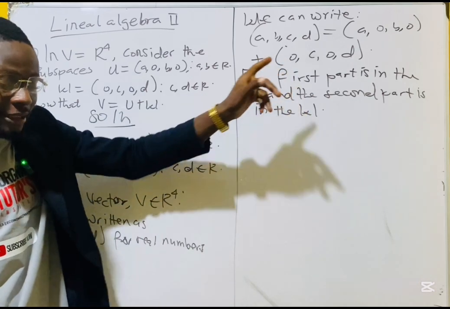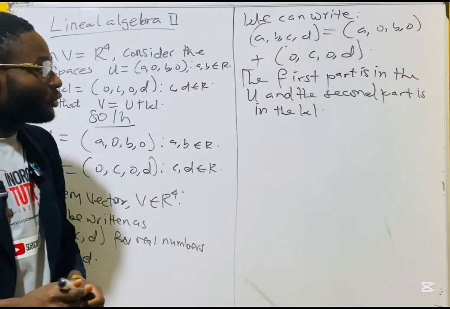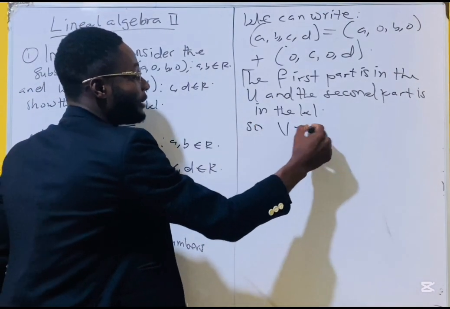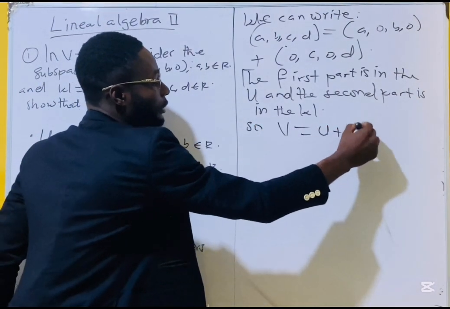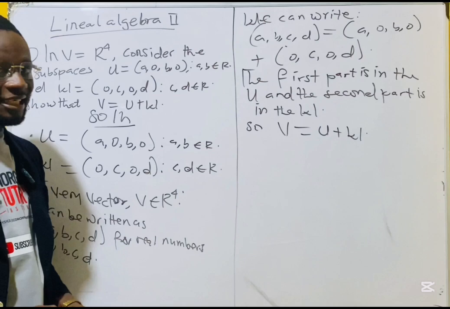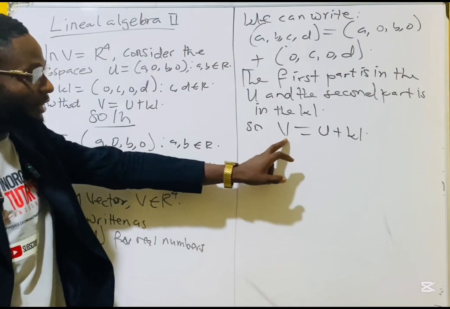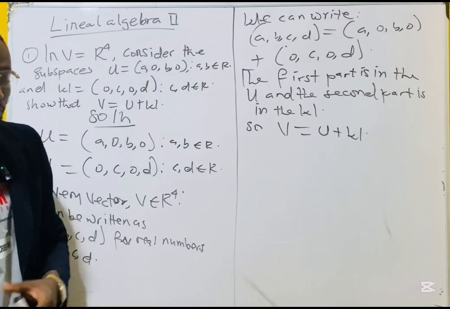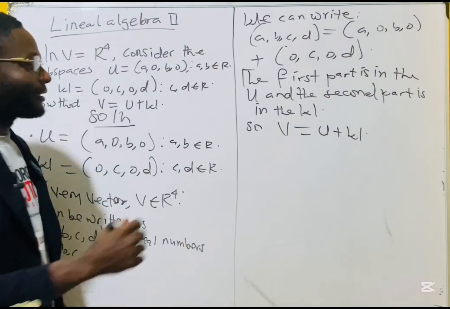So with that, we can say that V is equal to U plus W. That is very simple.